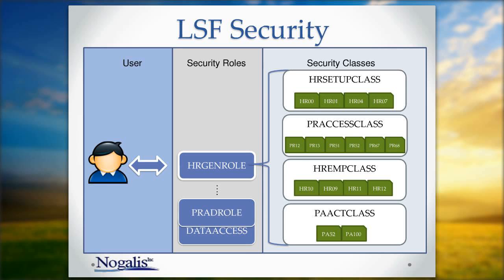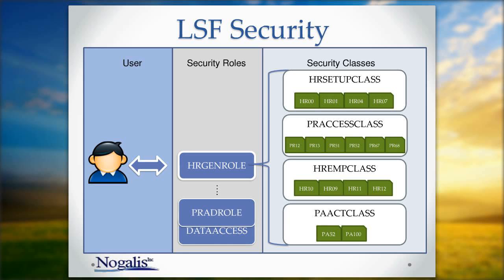So in this scenario that you see on your screen right now, our user has access to several roles. One of those roles, the HR general role, gives him access to the HR setup class, the PR access class, the HR employee class, and the PA action class. And those each have their own secured objects within them.